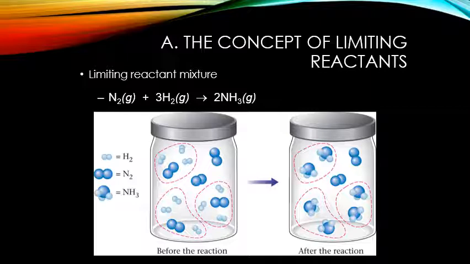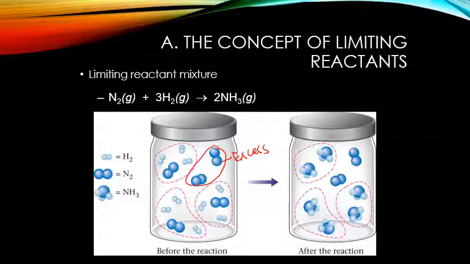Because my ratio is 1 to 3, I'm only going to use 3 molecules of N2 to go along with the 9 molecules of H2. So that means I have 2 left over. These 2 would be the excess reactant, in this case the N2, because the hydrogen is going to get completely consumed and I'll have none left.